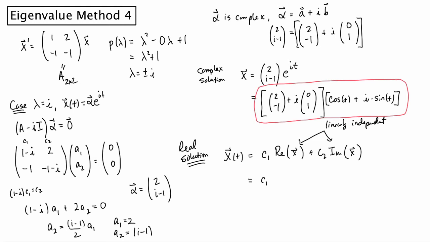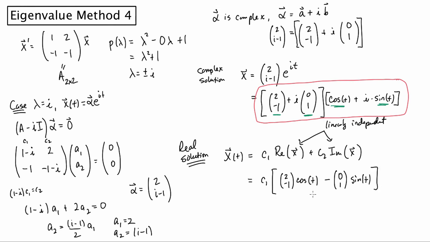So let's start with the real part. The real part is this vector times this, and it'll also be this one times this, because the i's will give a minus 1 there. So putting all of that together, we're going to have (2, -1) times cosine of t, and then I'm going to have minus (0, 1) sine of t.